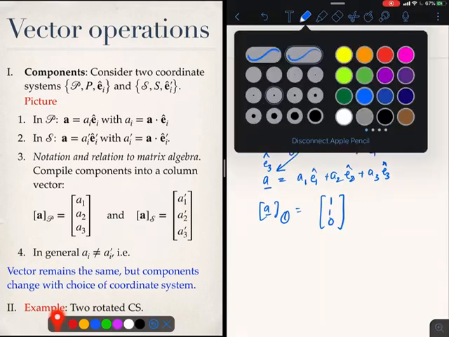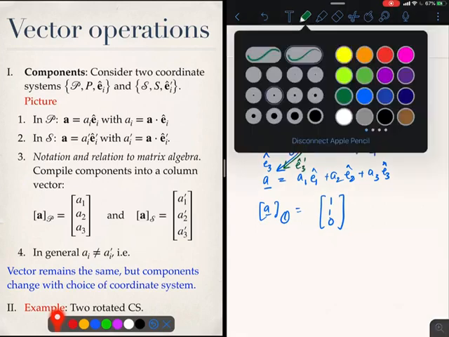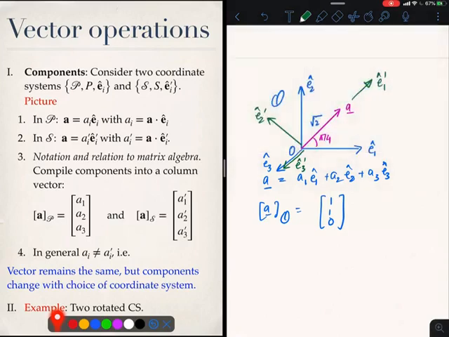Now suppose I had another coordinate system, which is aligned like this: E1 prime, E2 prime, and E3 prime was the same as this. What would this quantity be?